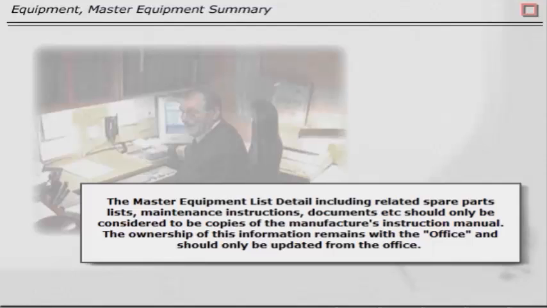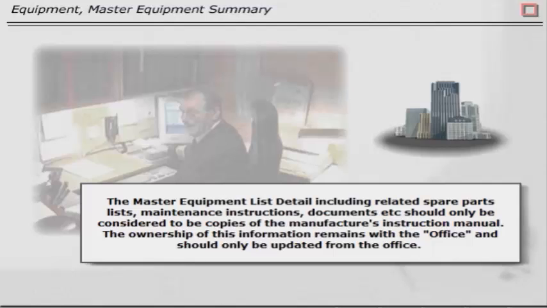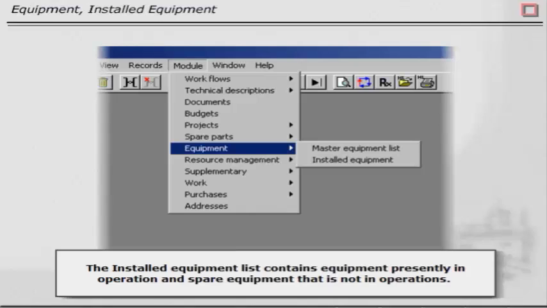The ownership of this information remains with the office and should only be updated from the office. The installed equipment list contains equipment presently in operation and spare equipment that is not in operation.